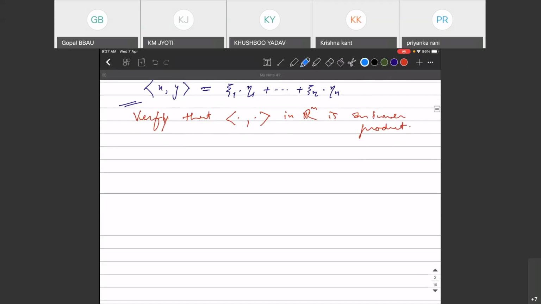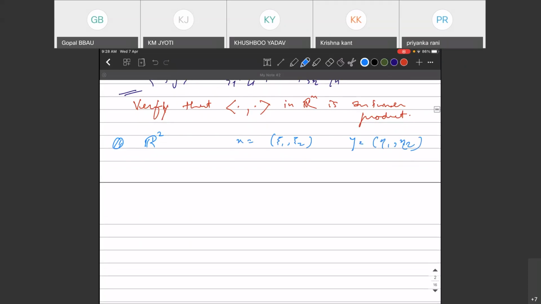You may define, for example, take n equal to 2, so take R2, and x equal to (xi1, xi2), y equal to (eta1, eta2), and define x comma y by xi1 eta1 plus xi2 eta1 plus xi1 eta2 plus 3 xi2 eta2.